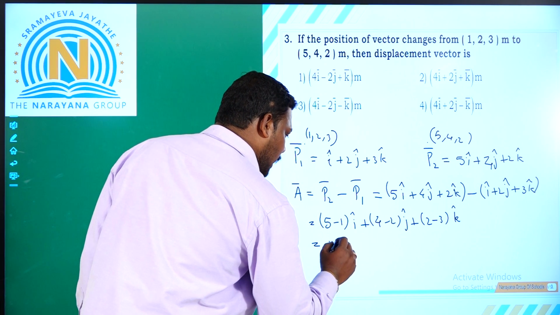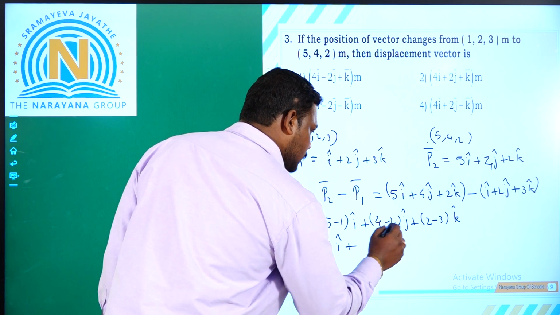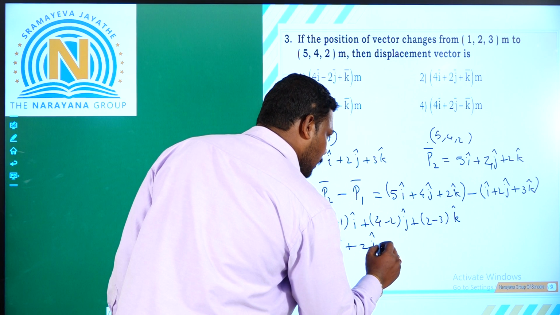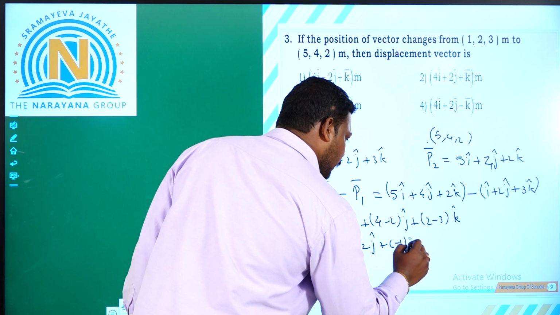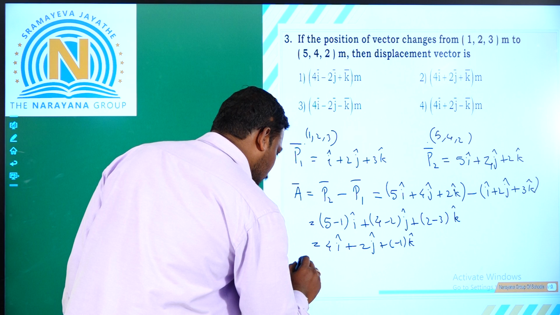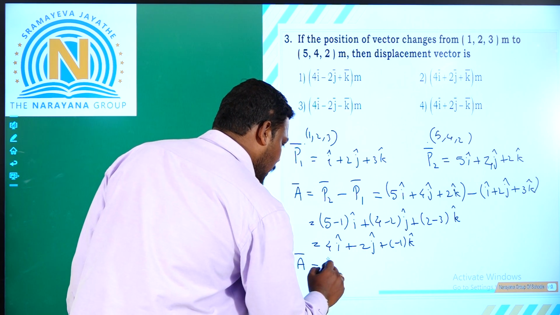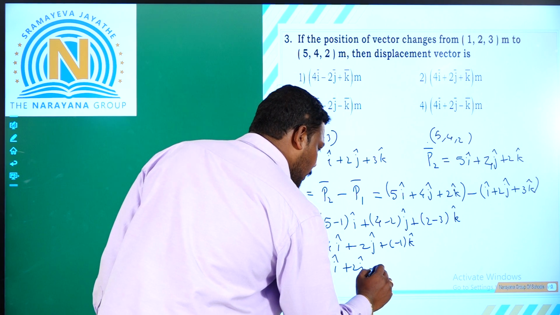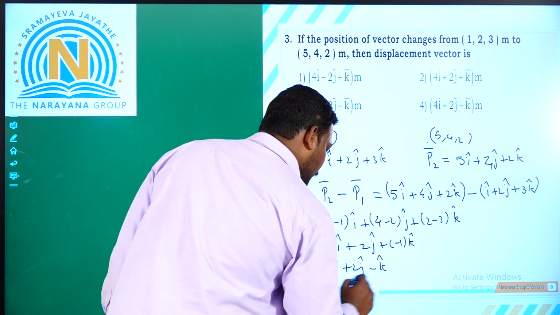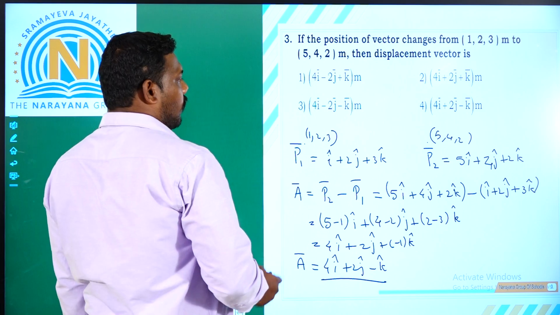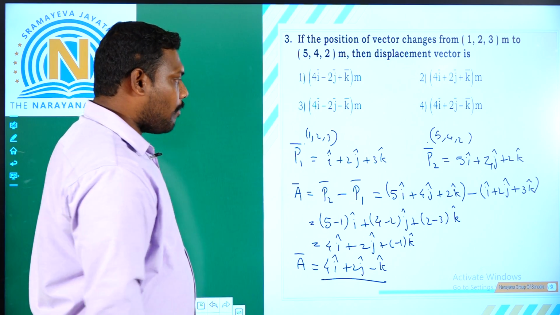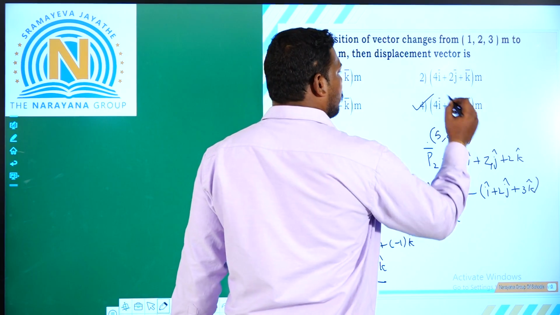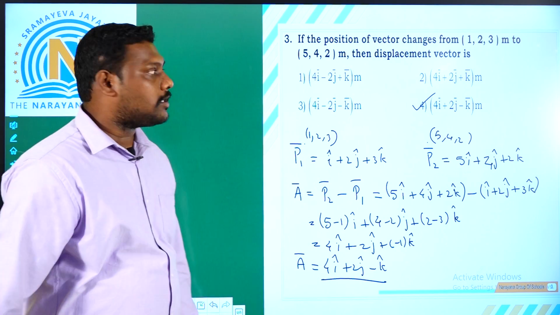This is 4 i cap plus 2 j cap plus minus 1 of k cap. Now the displacement vector is 4 i cap plus 2 j cap minus k cap. This is the answer, right?